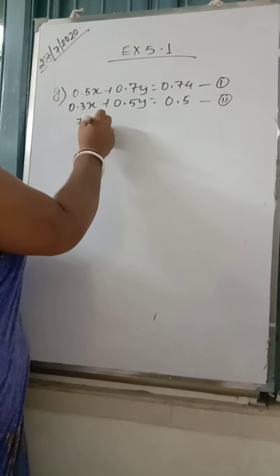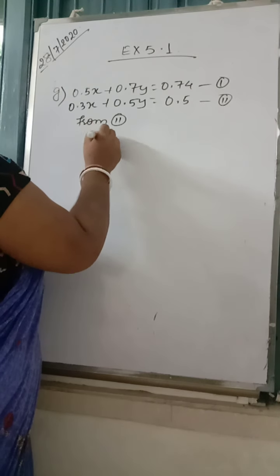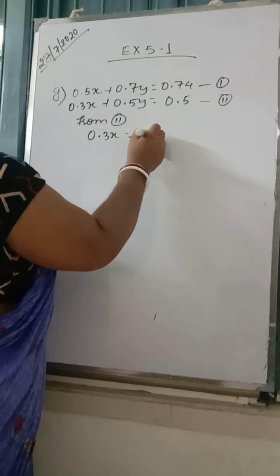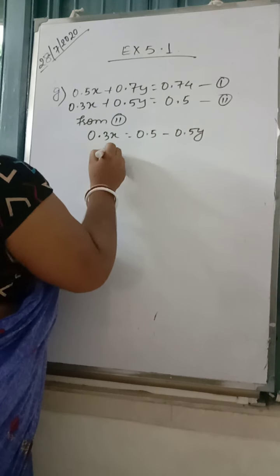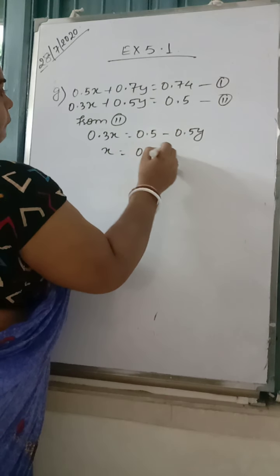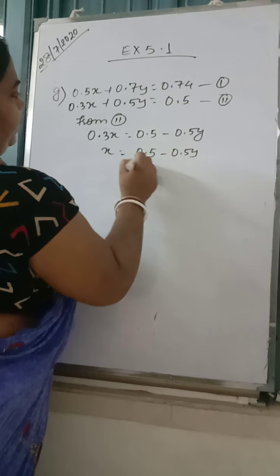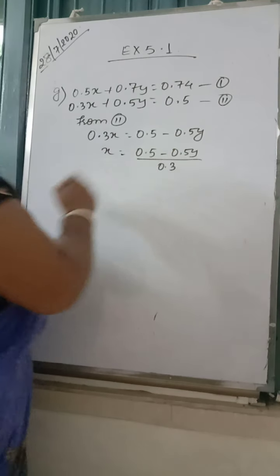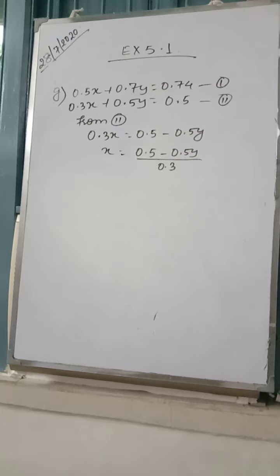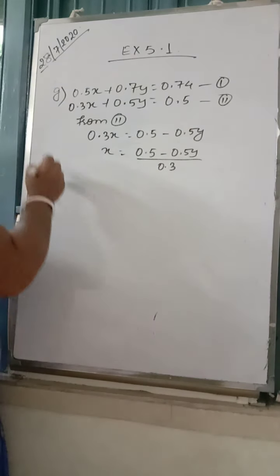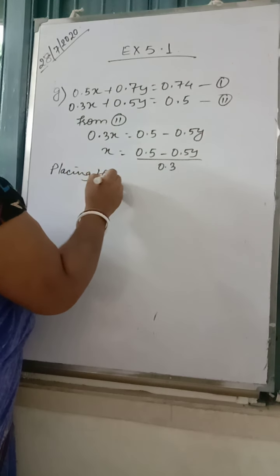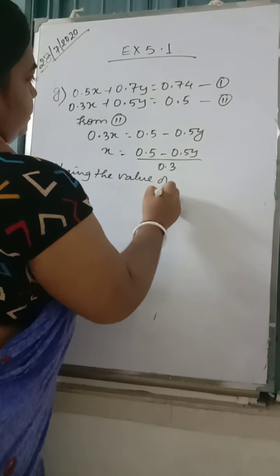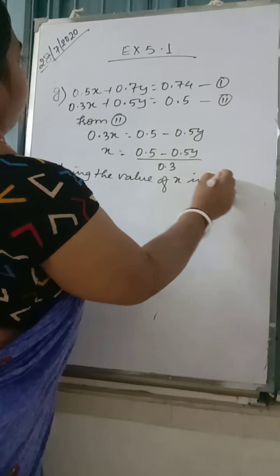From 2 I can write 0.3x is equal to 0.5 minus 0.5y, or x is equal to (0.5 minus 0.5y) by 0.3. There is no problem in writing this. Now placing the value of x in 1.